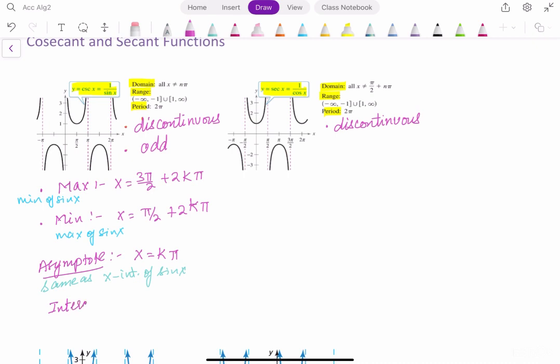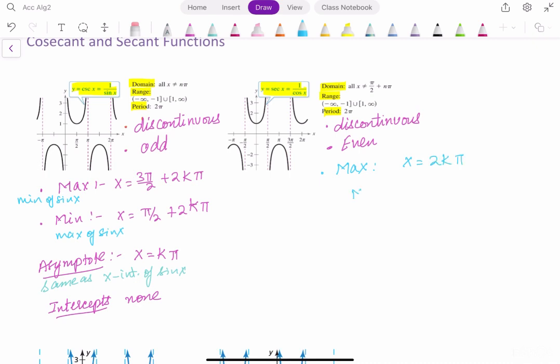And the intercept will be none for the cosecant function, because the cosecant function bounces up on the max and mins of the sine function. Yes, so if you can see on the graph, the U shape is a bounce on the max.